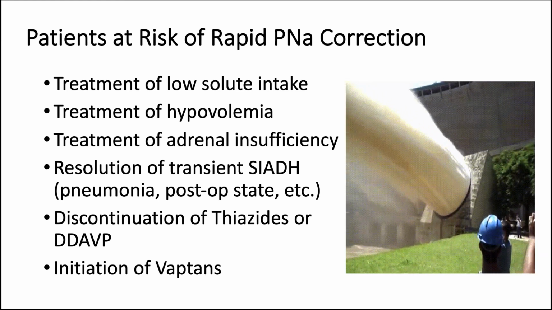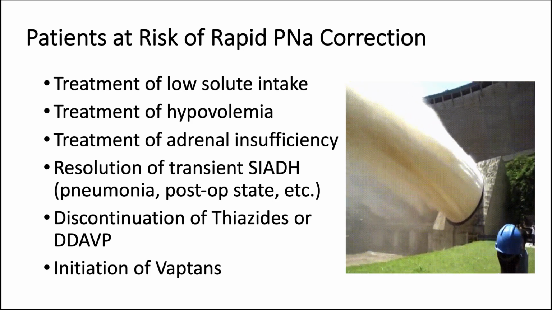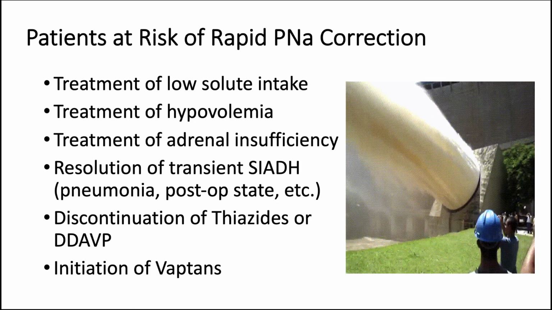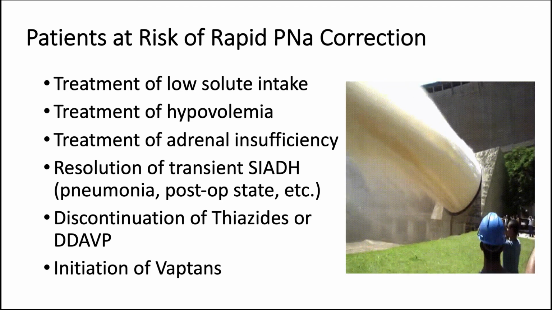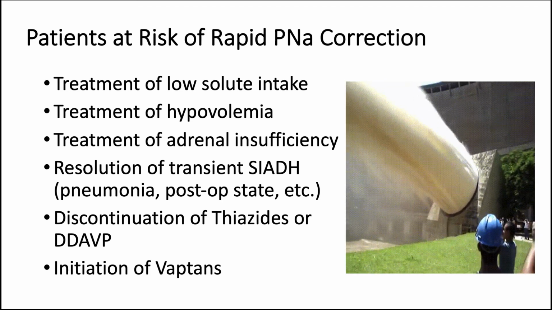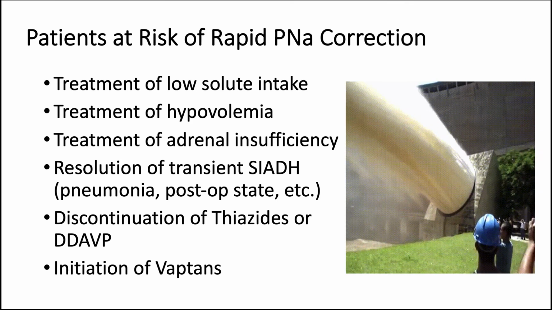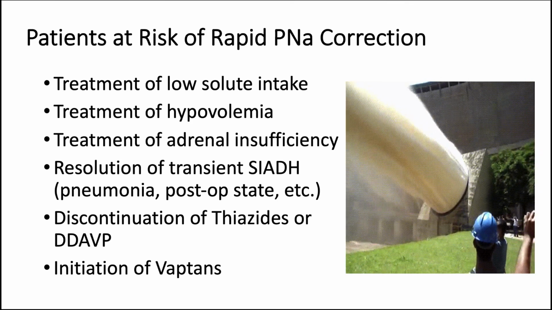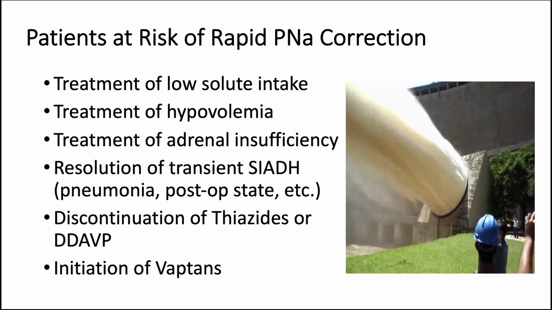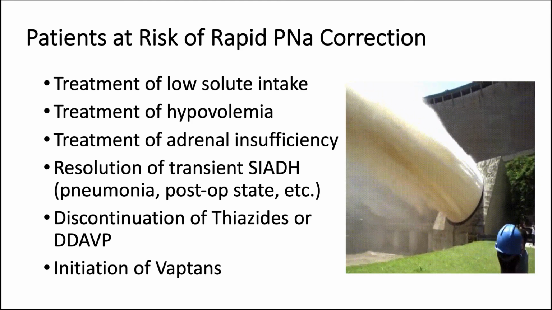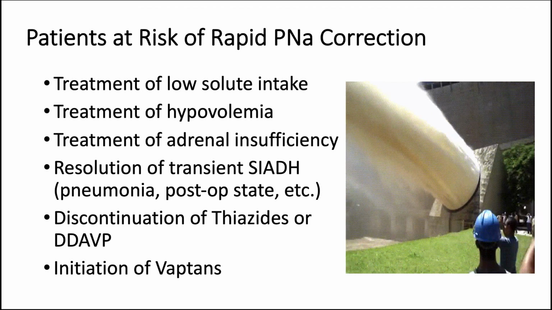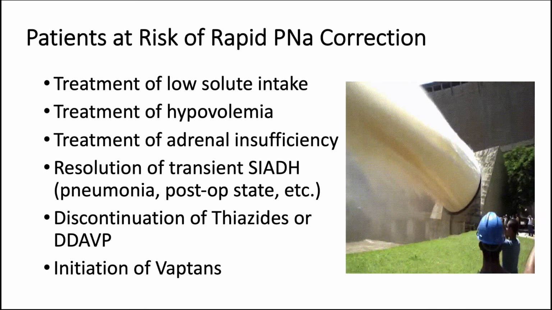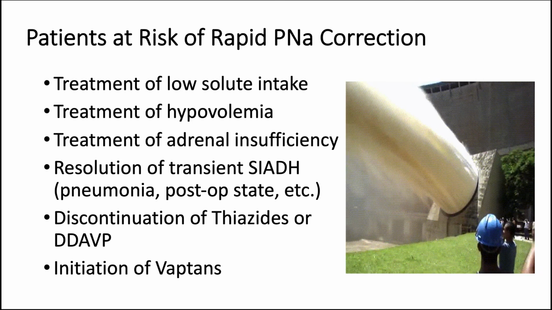If you are post-op after surgery, with pain and nausea, initially ADH is high, but once the post-op state resolves, then ADH will be turned off and people develop water diuresis. If you stop a thiazide, which might be causing volume depletion, or if you give somebody desmopressin and then you stop it, those will also cause ADH to be turned off and water diuresis will occur.